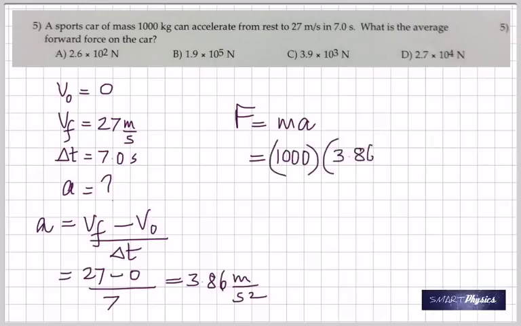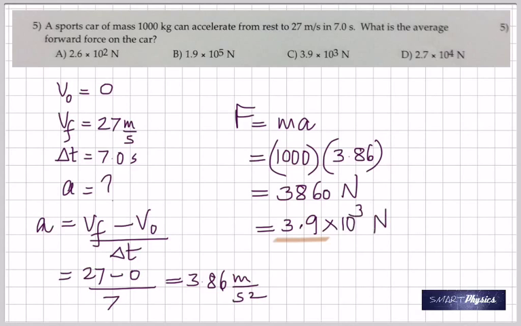So that's 1000 times what we have, 3.86. And you get 3,860 newtons, which is, considering significant figures, 3.9 times 10 to the 3 newtons.